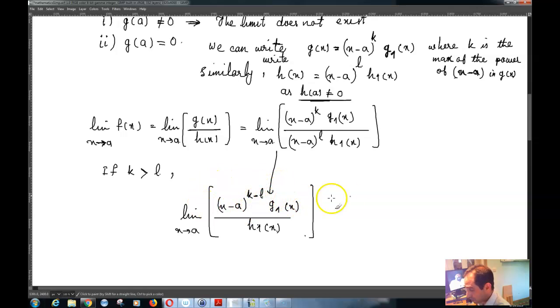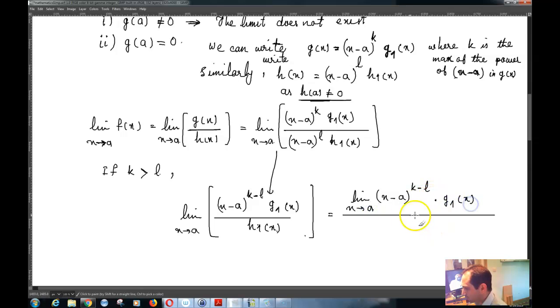So what that means is that this is equal to the limit of (x − a) raised to the power k − L as x tends to a, times g1(x), over the limit of h1(x) as x tends to a.